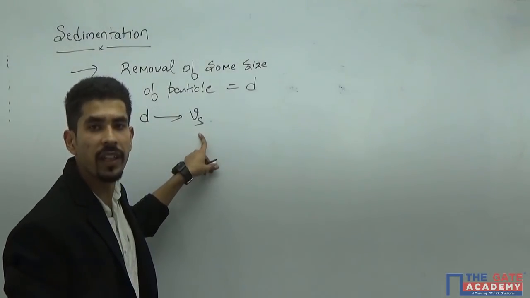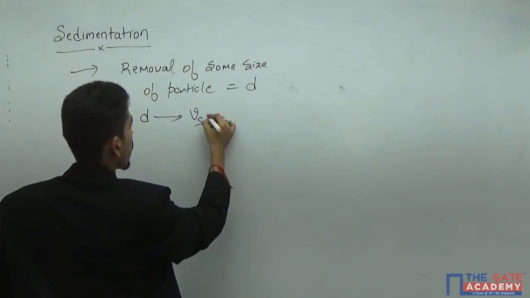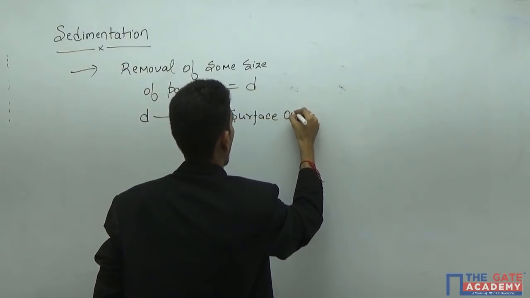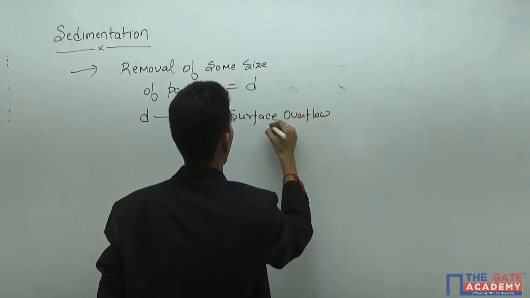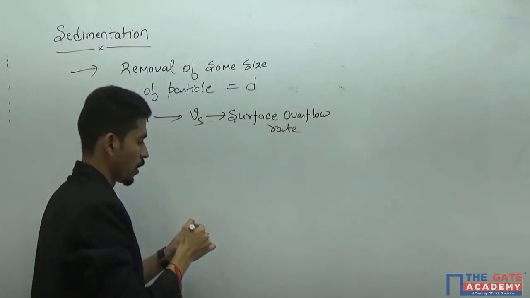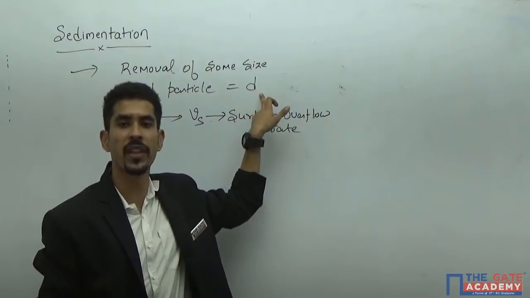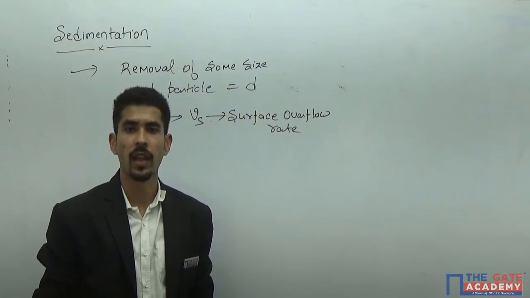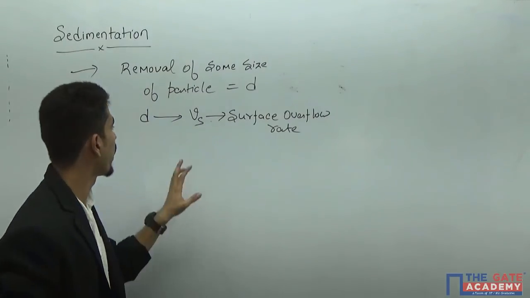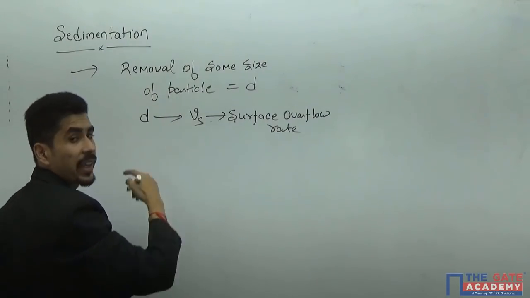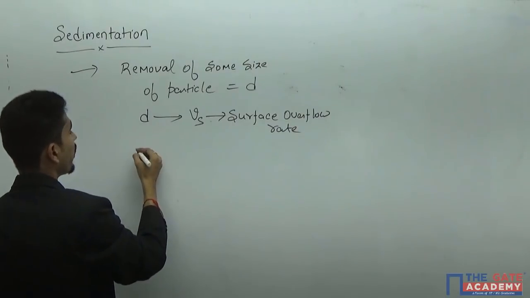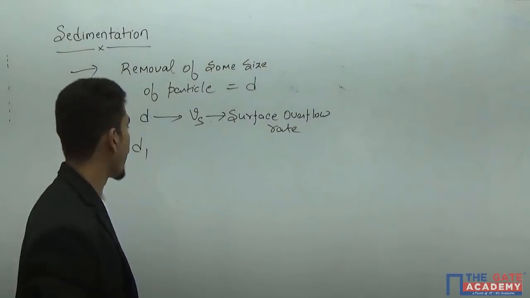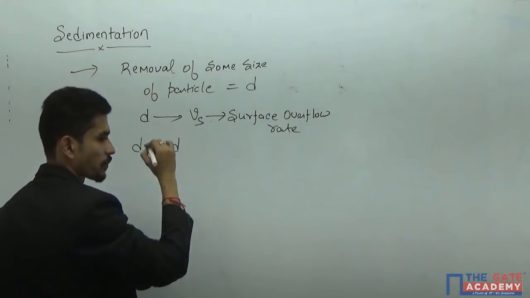This settling velocity here is known as the surface overflow rate. This velocity corresponding to this minimum size particle is nothing but the surface overflow rate. Now there will be cases where in your sedimentation tank there will be particles, let us suppose D1, which are greater than this particle size.